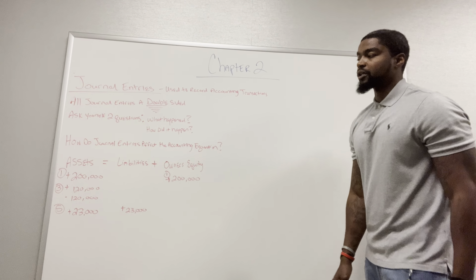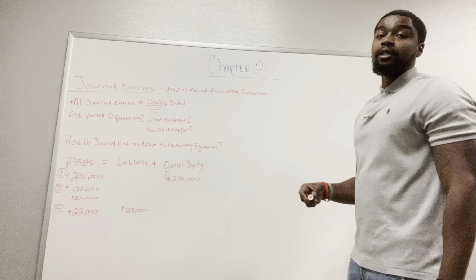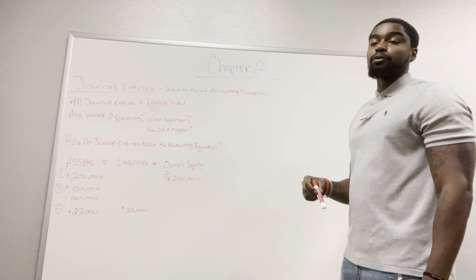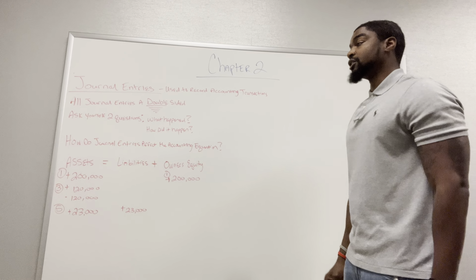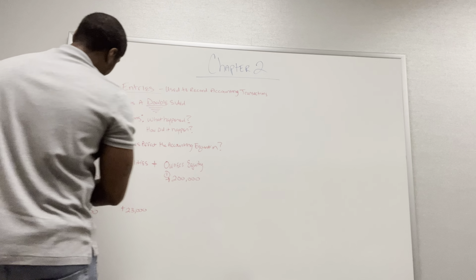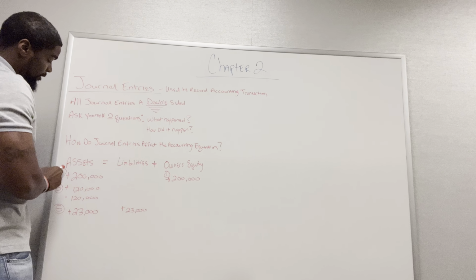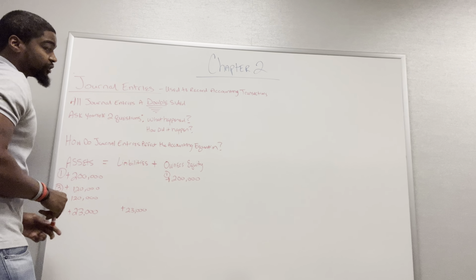Right. So the first transaction says that the company sells $200,000 worth of common stock to get cash. So the way that would work is your debit would be to that asset. Remember how we just went over the debits and credits. Your asset account is going to be a debit of 200,000.